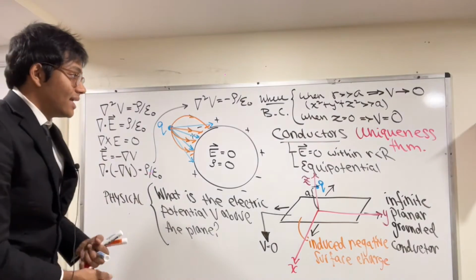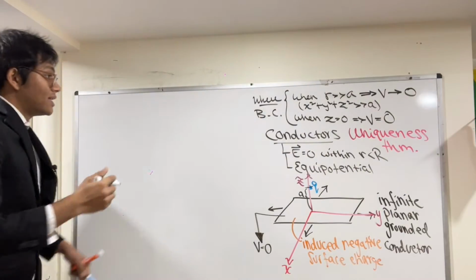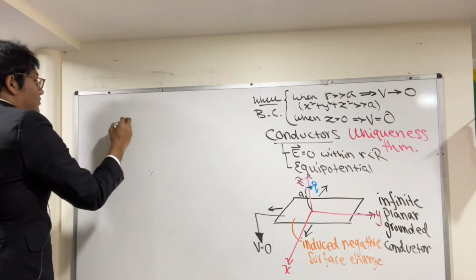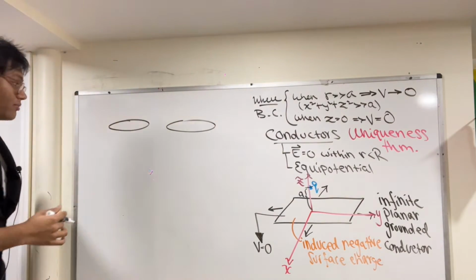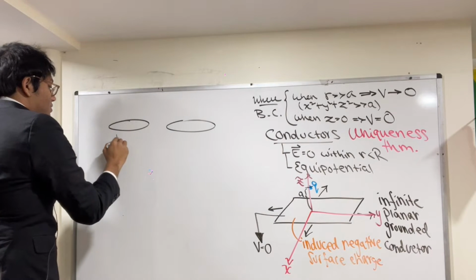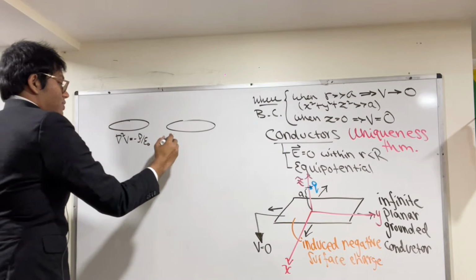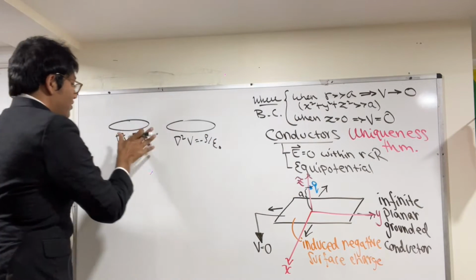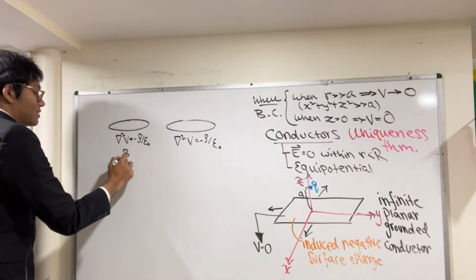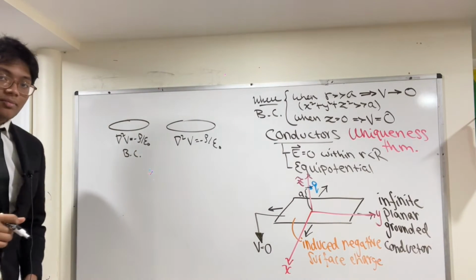Let me say that again, but let me draw a picture on the board. The uniqueness theorem says the following. If you have a difficult problem, so you have Poisson's equation, nabla squared V is minus rho over epsilon naught, okay. So you have a difficult problem with certain boundary conditions and you're trying to extract the electric potential for this problem.